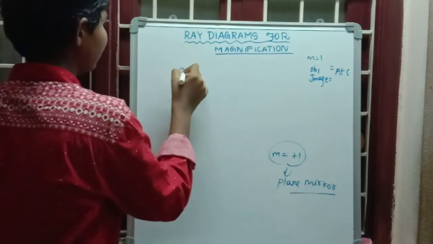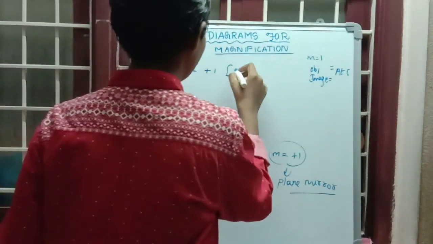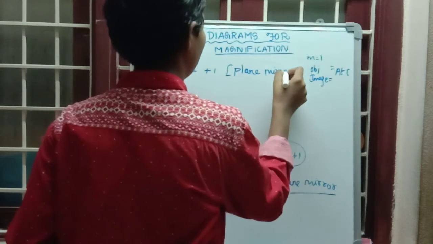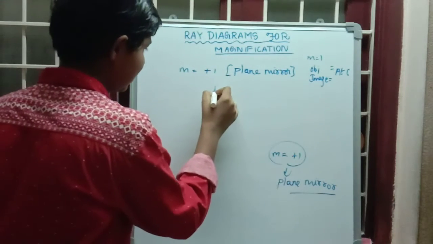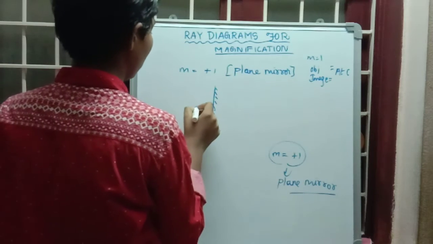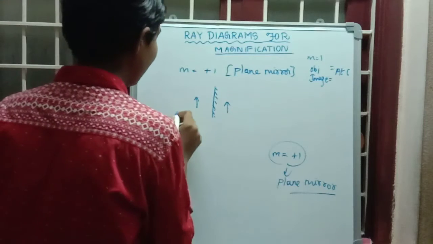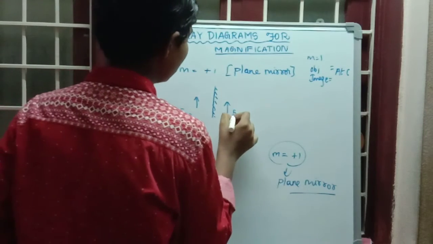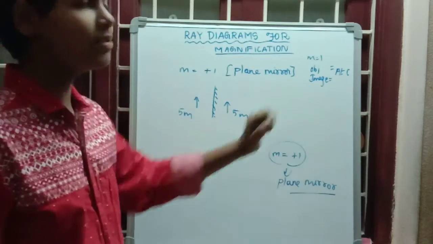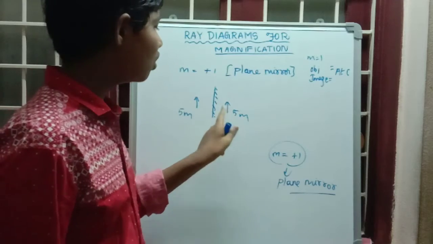M, the magnification, is equal to plus 1. Which type of mirror? It is a plane mirror. The object here gets the same height image. If the object is 5 meters, the image is also 5 meters. So m is 1 with the same size: height of object equals height of image, and the image is also positive.